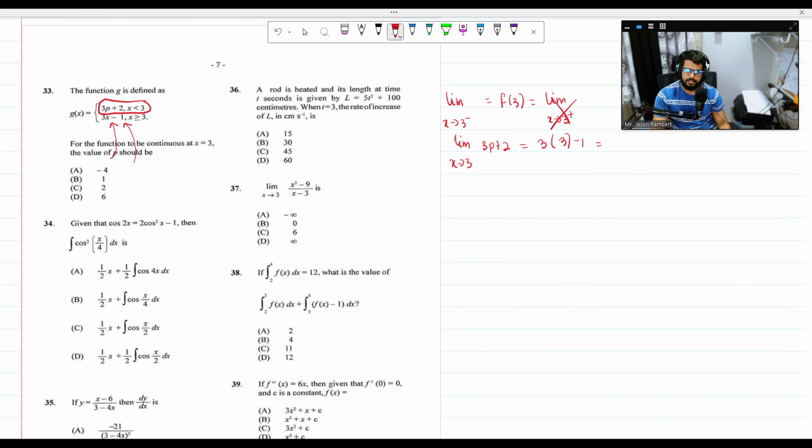So I don't need to put this in here. So all I need to do is have 3 into 3. 3p plus 2 must be equal to 3 3s are 9. 9 take away 1 is 8. So 3p must be equal to 8 take away 2, which is 6. And p must be equal to 2.